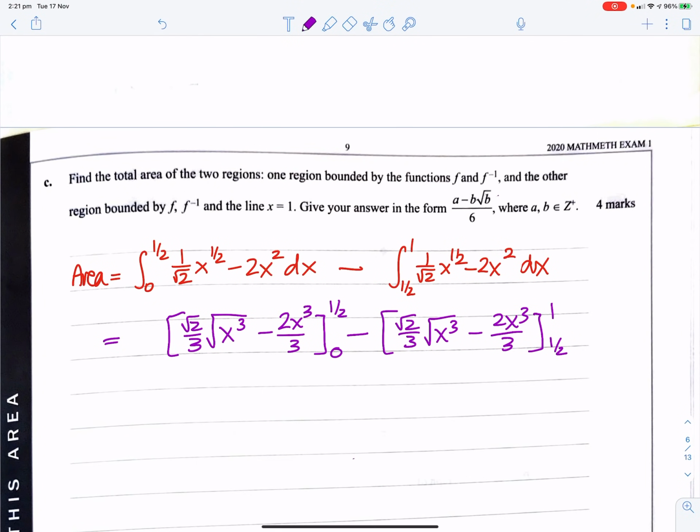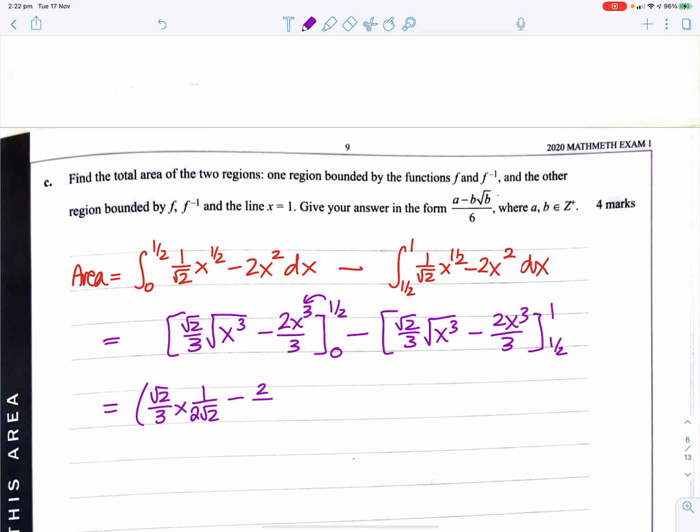Okay, if we sub a half in the first bracket, we get root 2 on 3 times, if I cube a half, I get an eighth, and if I square root it, I get 2 root 2, so I get 1 on 2 root 2. If I cube a half here, I get 1 on 8.